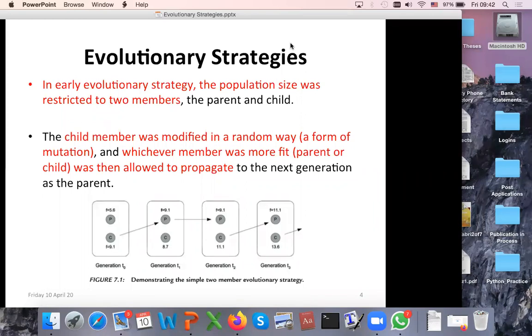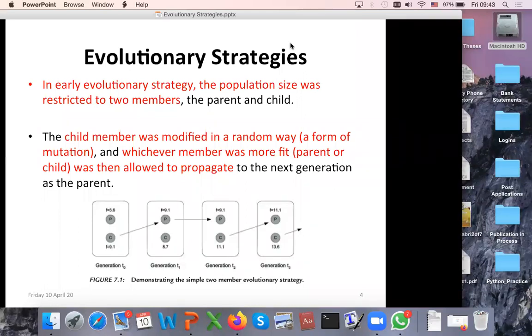In those evolutionary strategies, there was a concept of population. Population means you can consider some kind of pool in which you place the data. The size of the population was restricted to only 2 members at that time, in the beginning, not now.